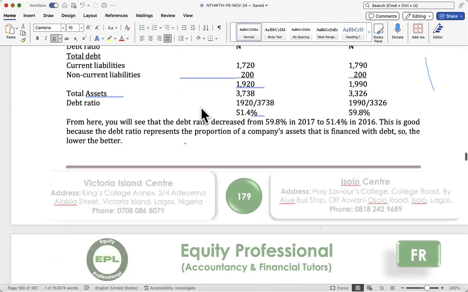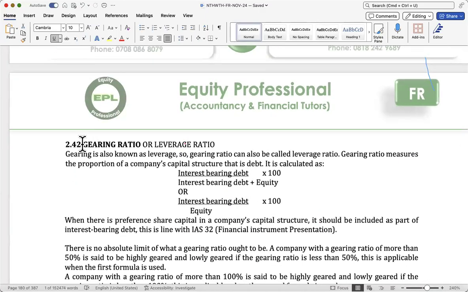The second one, which is gearing or leverage ratio, this one is very popular. They call this one debt to equity ratio. So we also call it leverage ratio. It majorly looks at the debt that is present in your capital structure. This debt you're talking about is not short-term debt, but long-term debt.